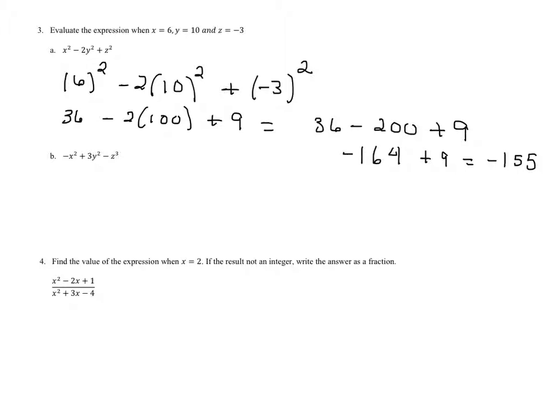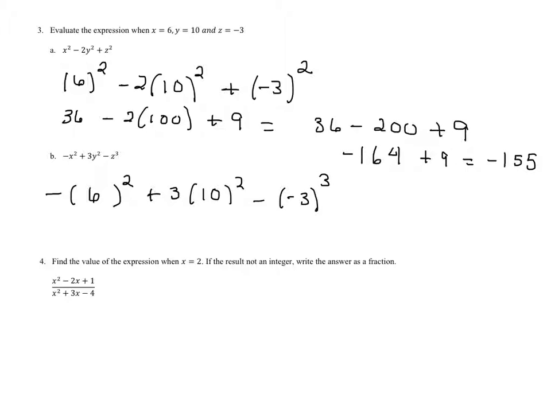Let's do B. Now, I threw in a lot of extra negatives to mess everybody up, so it's going to be negative x squared, so we're going to just do 6 squared. So we're going to square the 6 and then negate. Plus 3 times 10 squared minus negative 3 to the third power.